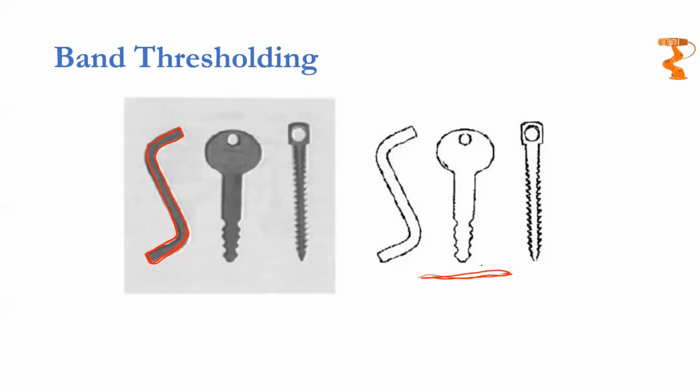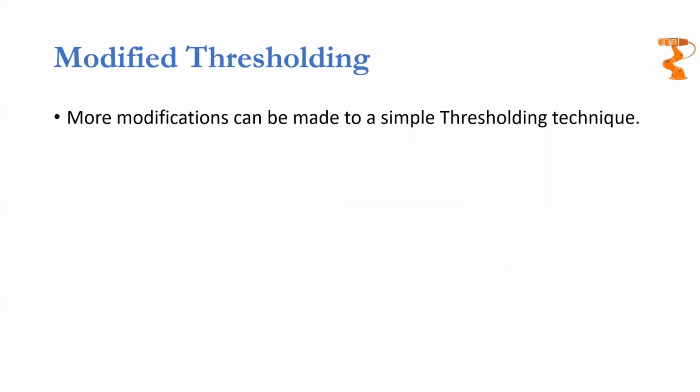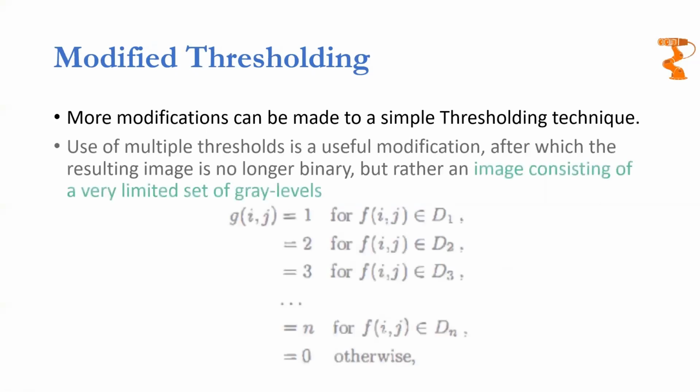It is recommended to use this kind of band thresholding on very simplified images. On real images, believe me, you cannot detect boundaries like this. Okay. So some more modifications to simple thresholding techniques.